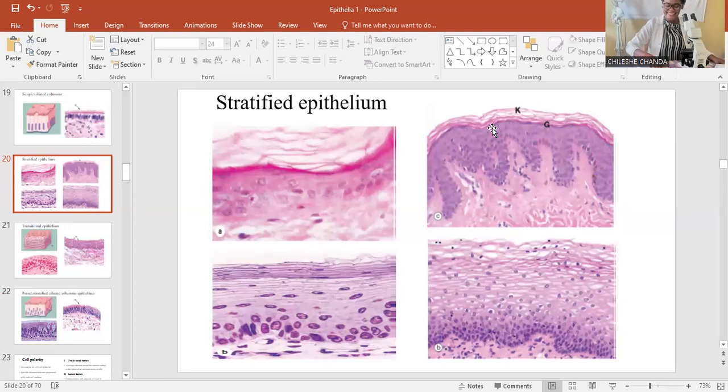So this epithelial tissue type is found in skin, and even areas such as the outer part of the anus. Some areas of the mouth, you're going to find that they have keratin on them.